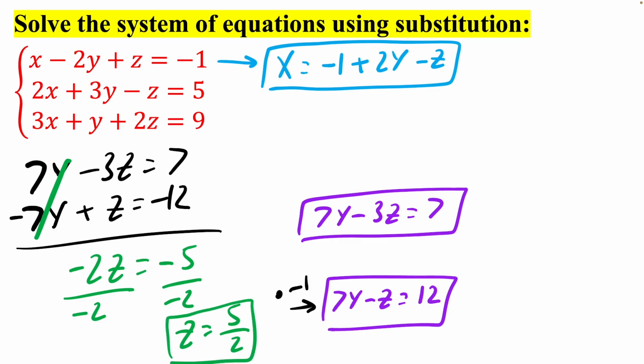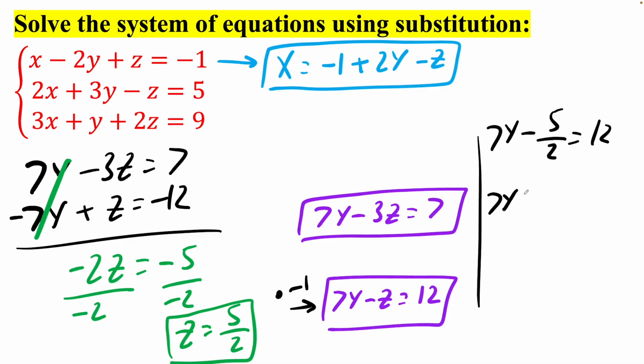Now, once you know z, you can easily get y. We'll use this one or use this one. This is easier because it doesn't have a number in the front. So we have 7y minus 5/2, because that's what z is equal to, 12. 7y is equal to 12 plus 5/2. Let's get a common denominator.